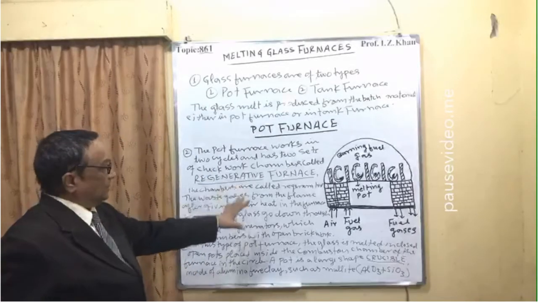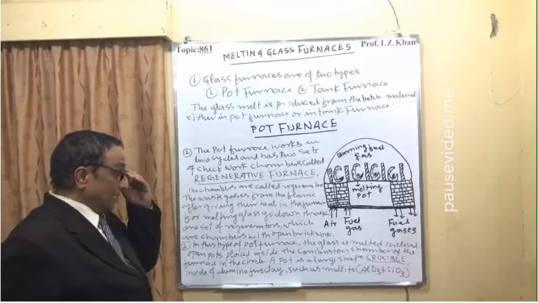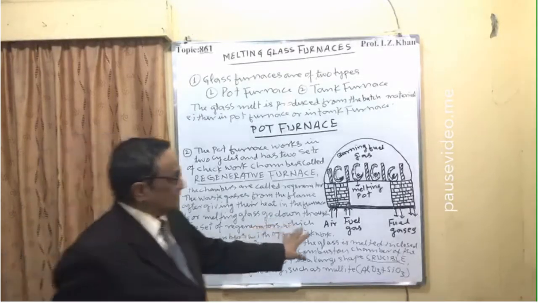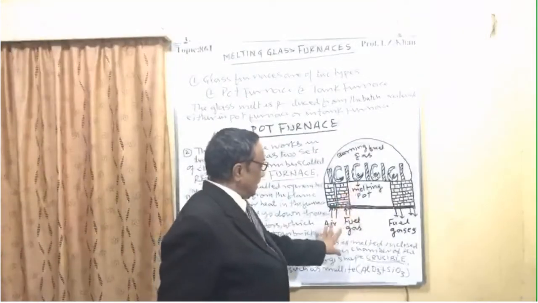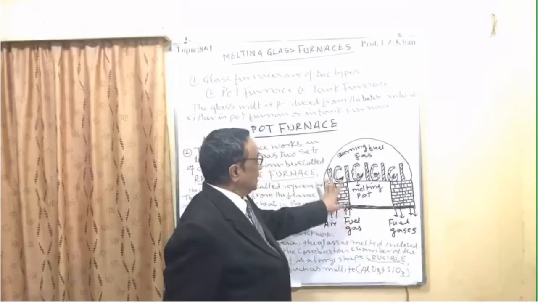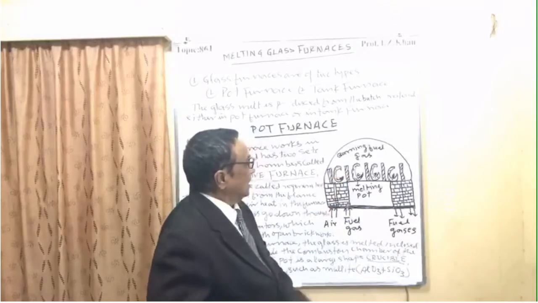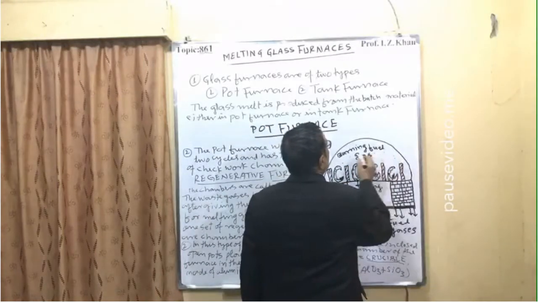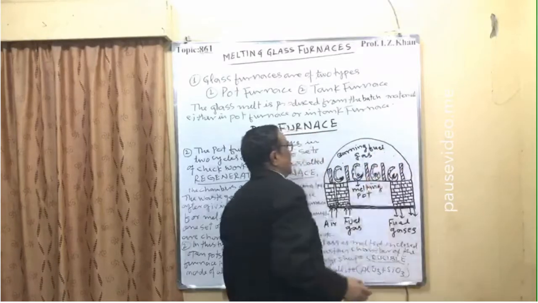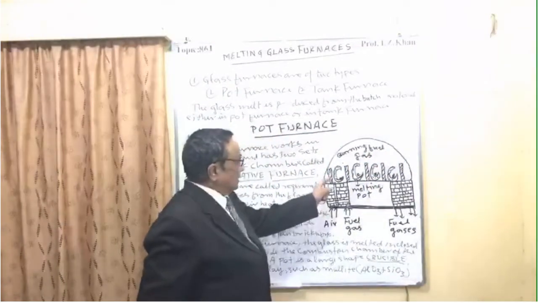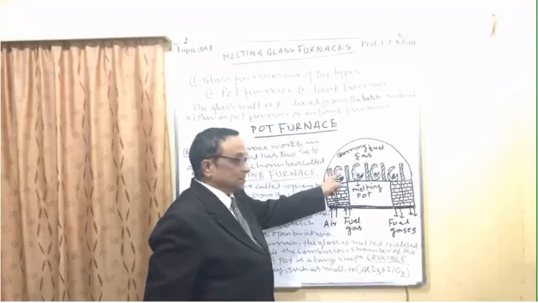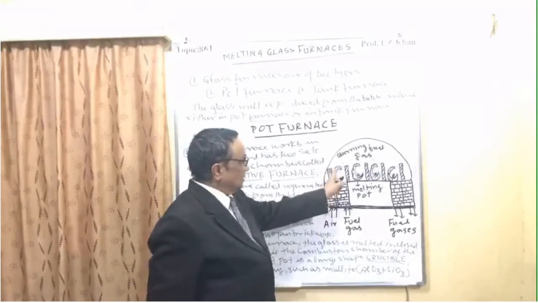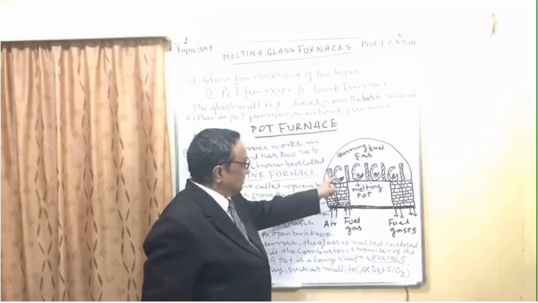Now here I have given a simple diagram of the pot furnace, how it looks. On one side it is regenerative. Here the mixture of air and fuel is going, and here it is burning. All this flame is very hot, burning fuel gas, and where the pots are put, with a capacity of 1 to 2 ton each, the batch material is put.